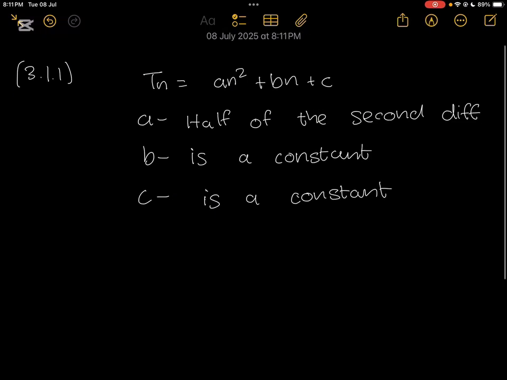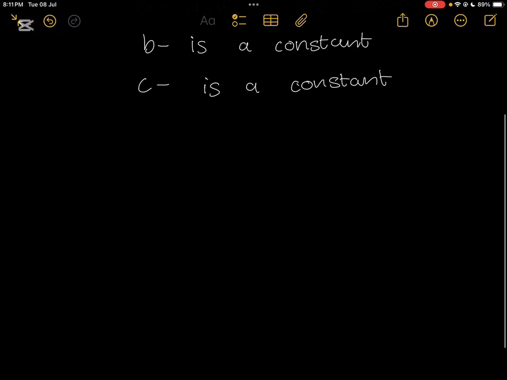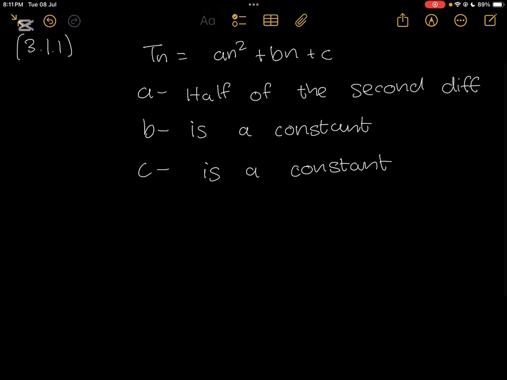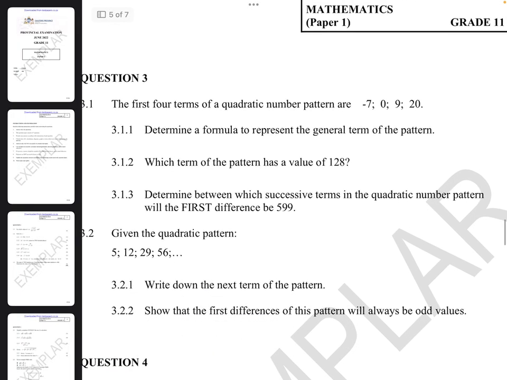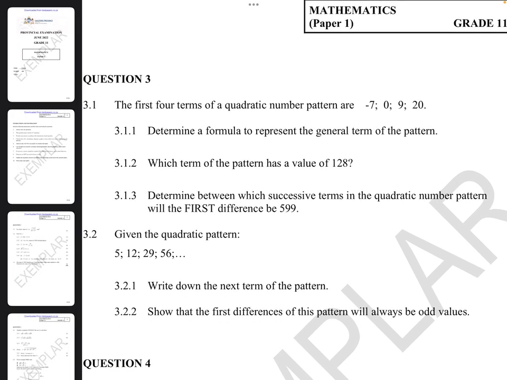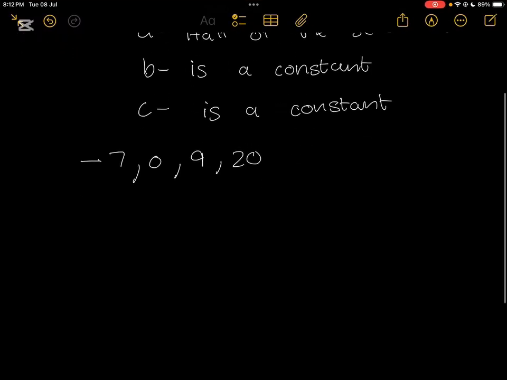Okay, so our question said that we have a sequence where it's -7, 0, 9, 20. Our first step is to find the first difference.